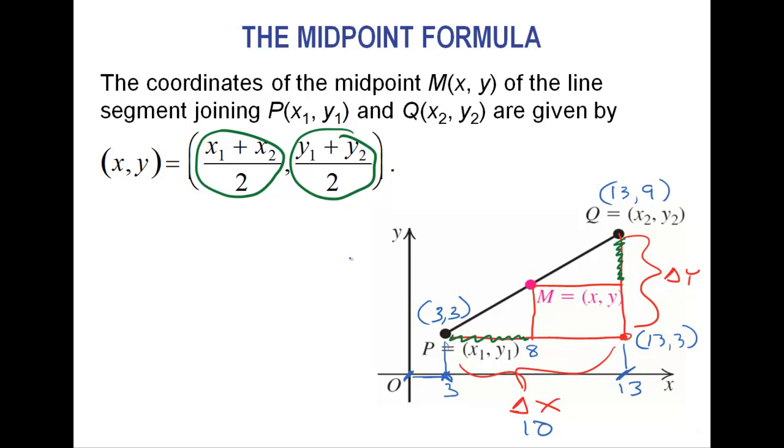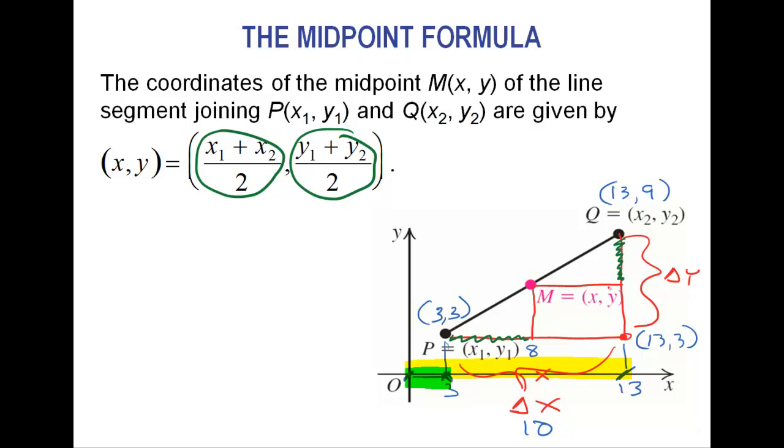If we take this whole distance to 13, add this distance to it, and then divide by 2, we're taking the average of those two distances, and that gives us the midpoint. If you do the math, you'll see 13 plus 3, 16. 16 divided by 2 is 8.